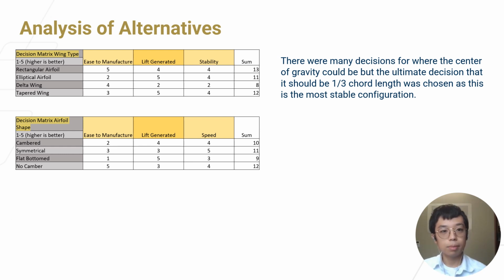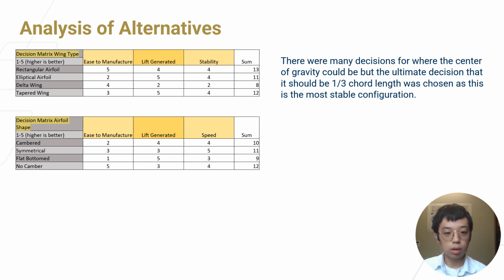All right, here is the analysis of alternatives that I've come up with. So on the top left, we have a decision matrix for the wing type, ranked, and then several wing types listed below, rated from 1 to 5 in these 3 categories: ease to manufacture, lift generated, and stability.